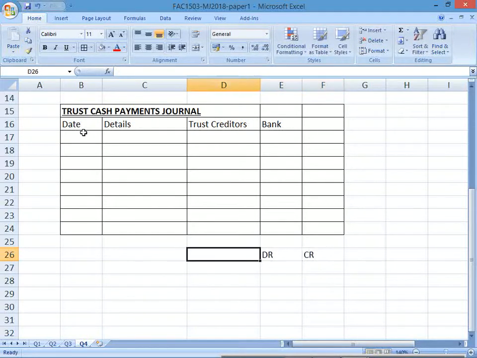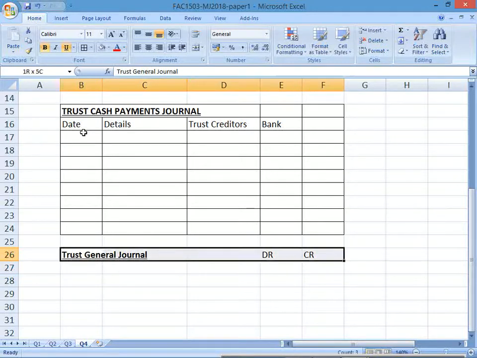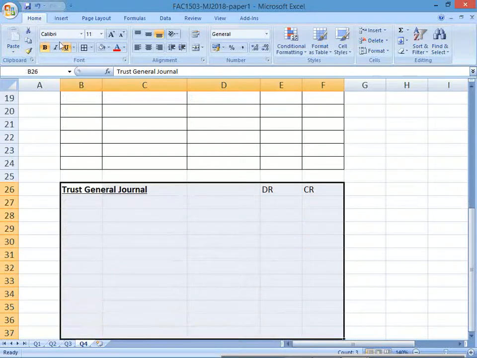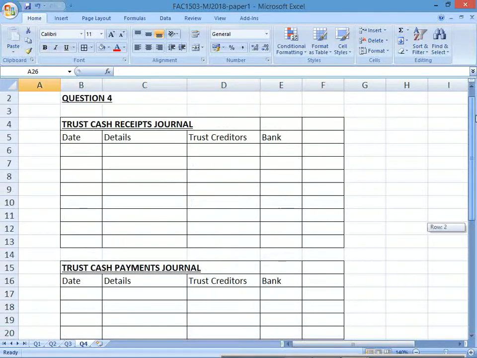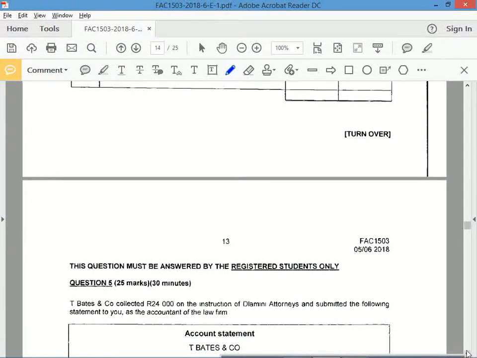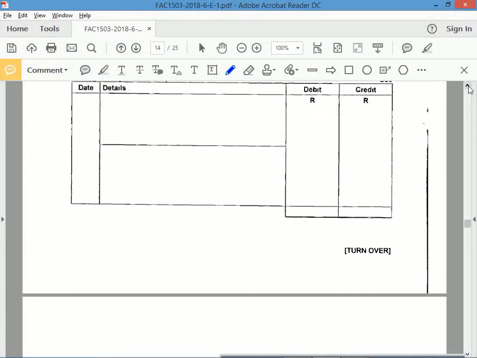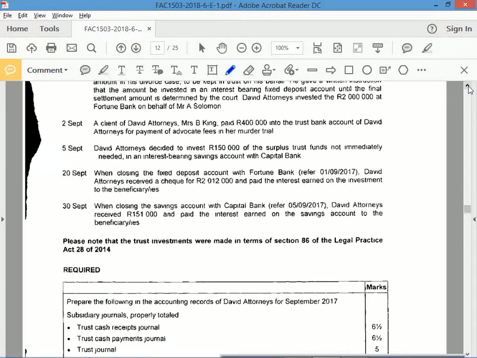Debit, credit, trust general journal. Anything else? No, that's it. Let's go back and read the question and we can answer it as we go.